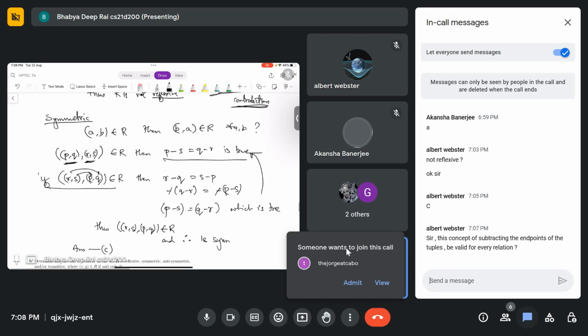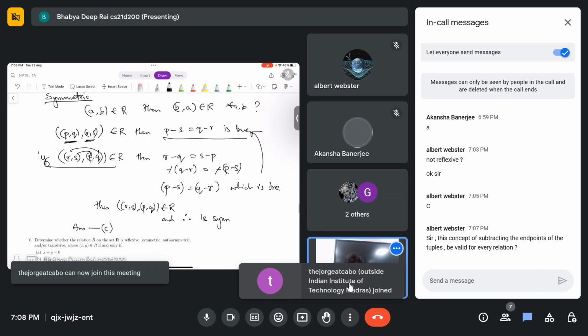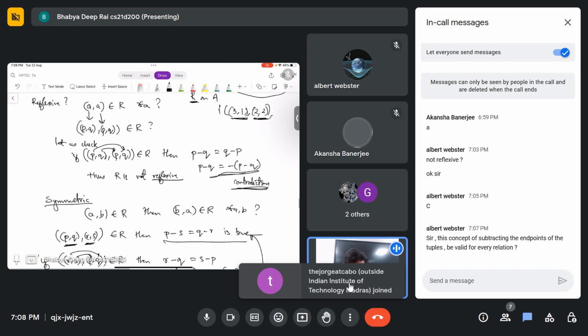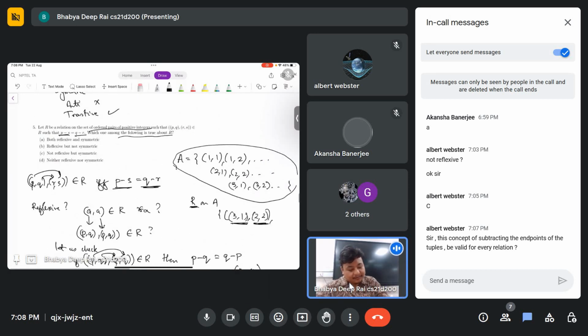No, Albert, this is not valid for each relation. It's only valid because our relation was defined that way. Our relation said that PQ and RS are related if P minus S equals Q minus R. So all relations need not satisfy this. But if you are asking whether you can do subtraction between the values within the tuples, yes, you can.